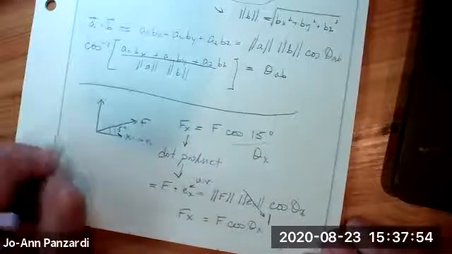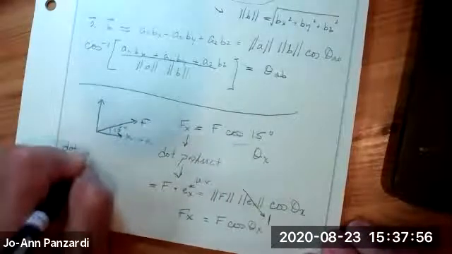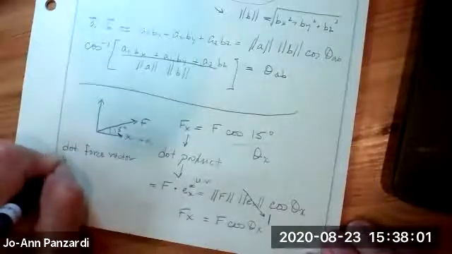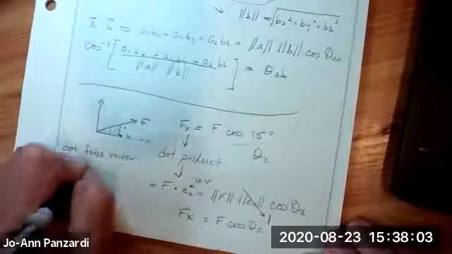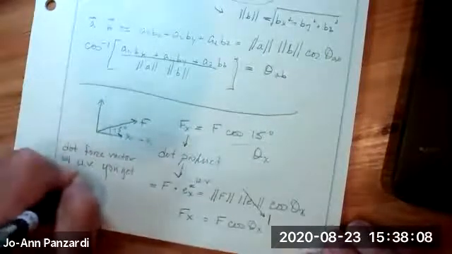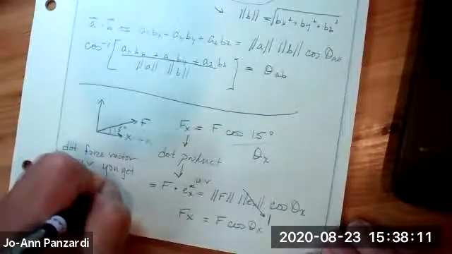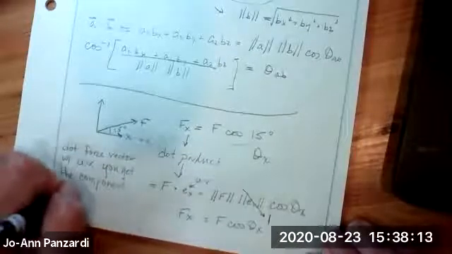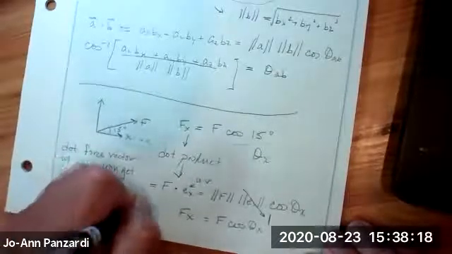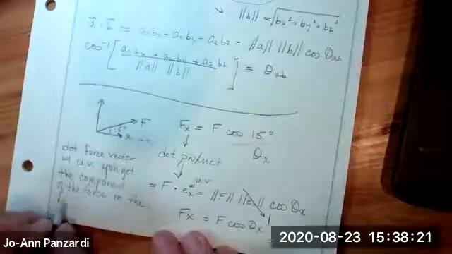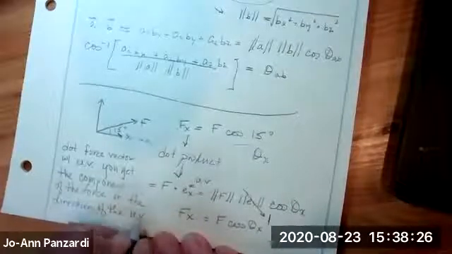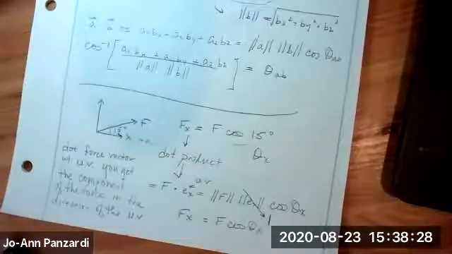So when you dot a force vector with a unit vector, you get the component of the force in the direction of the unit vector. Okay, I'm going to stop.